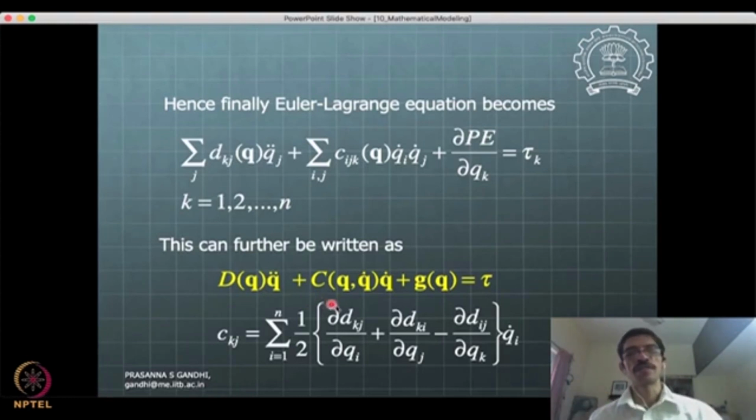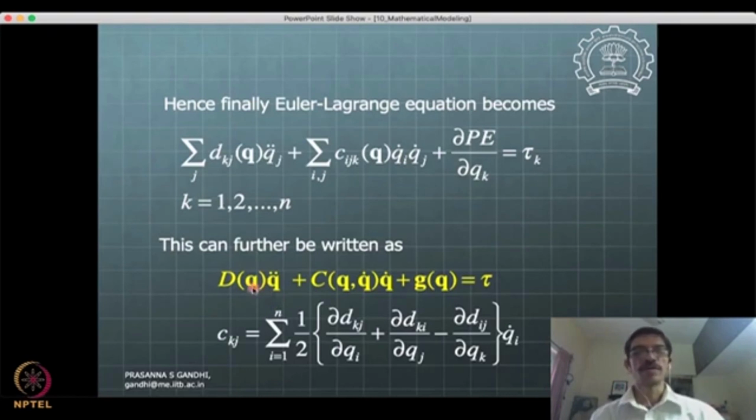And one can see now, if you go for the simulation, then for simulation you need this q double dot expressed as a function of q's and q dots.